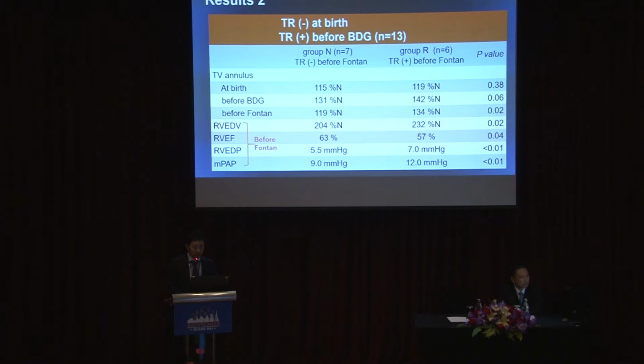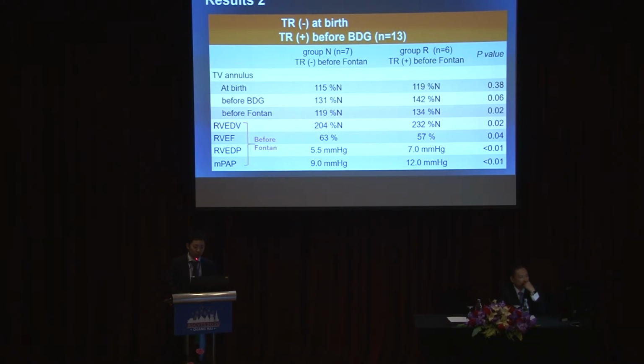The tricuspid annulus at birth did not differ in the two groups. However, before bidirectional Glenn, the tricuspid annulus was larger in both groups, and especially in group R, 131% and 142% of normal. After the bidirectional Glenn procedure, because of the volume reduction, the tricuspid annulus decreased in both groups.